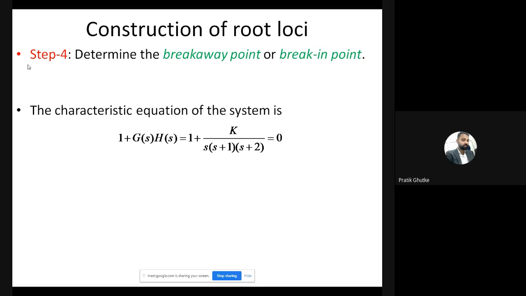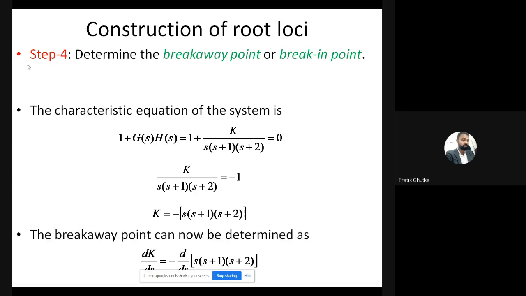So in my case, G(s)H(s) was given as k divided by s(s+1)(s+2). To calculate the characteristic equation, 1 plus G(s)H(s) equals 0. So k divided by s(s+1)(s+2) equals minus 1.